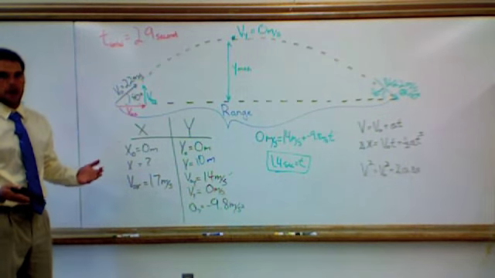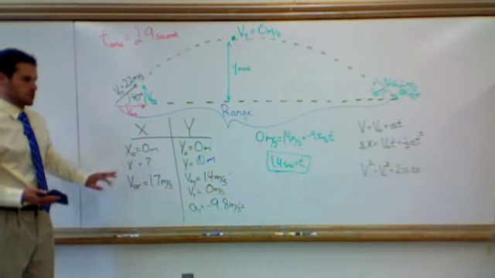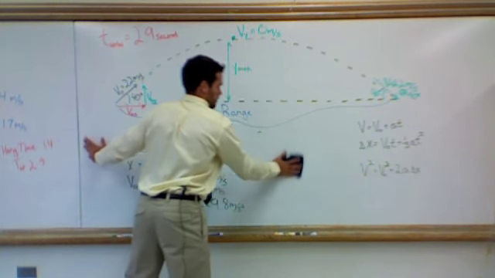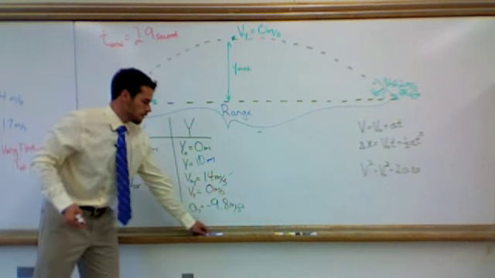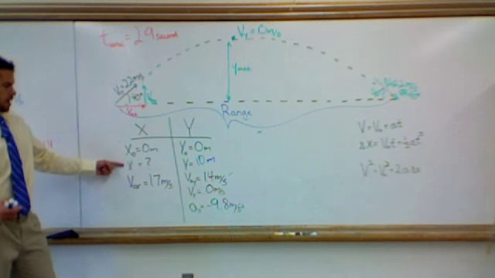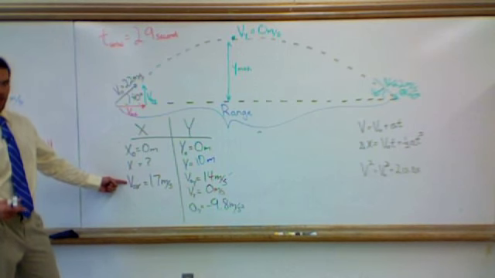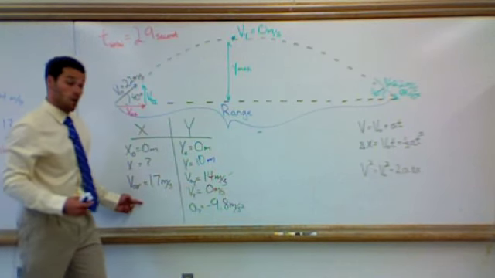Now that we have the time, we can come back and solve for the final thing, the range. Very simply, we have our initial position, and we're trying to solve for our final position. We have our initial velocity. There's going to be no change in that x velocity, so there's no acceleration.